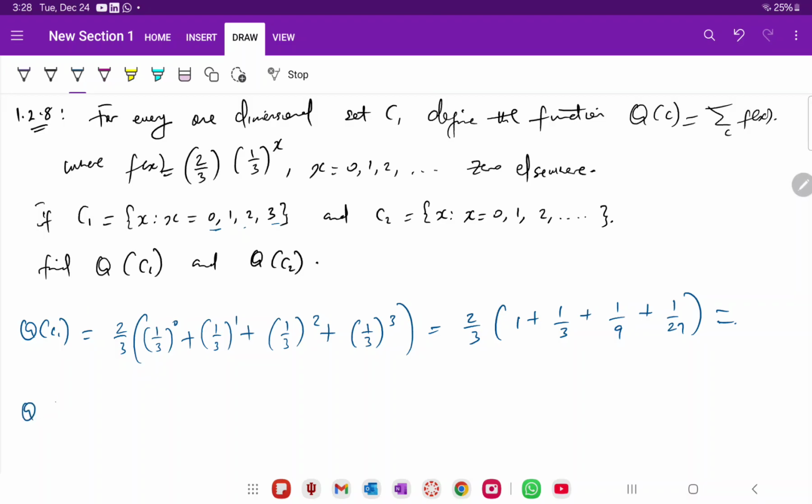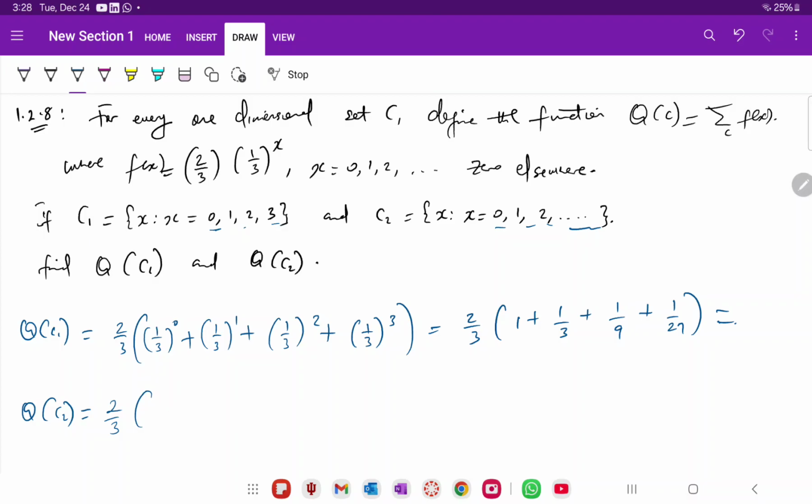For the second one, we have Q of C2, and this is infinite because we have 0, 1, 2, 3, and so on. For this, you can just factorize 2 over 3.